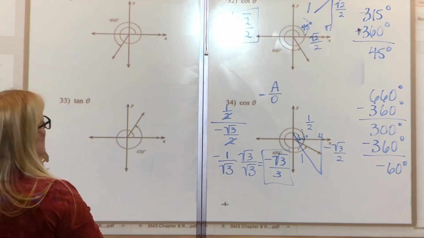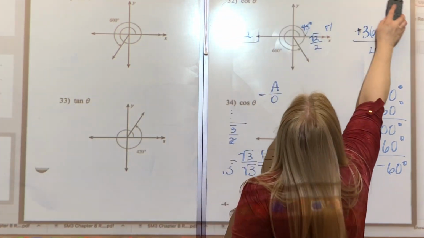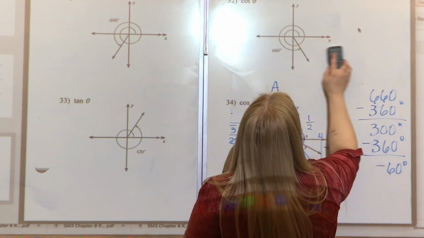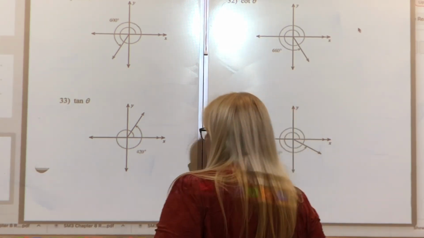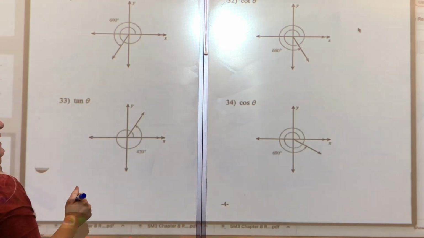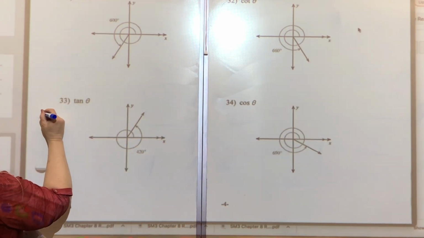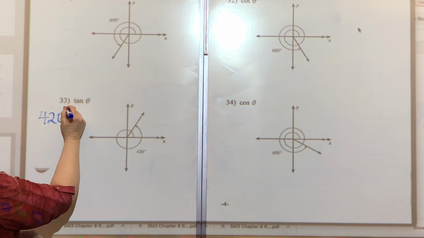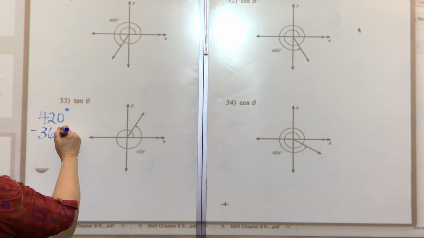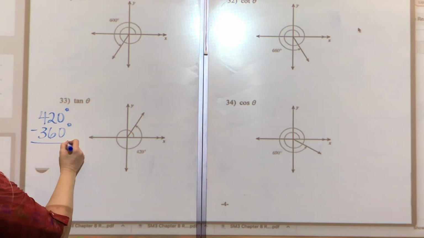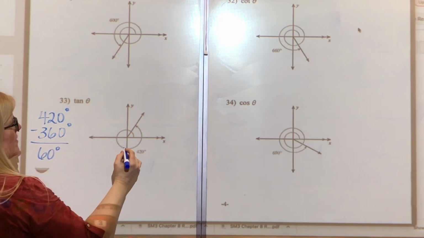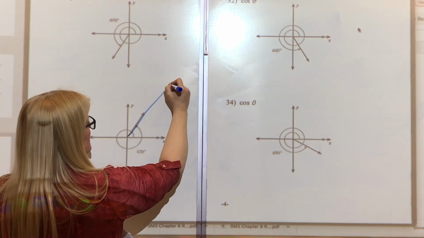Number 33, we've got tangent of theta. And again, I'm using reference angles, not the unit circle. Okay, 420. Want to wrap my head around it a little bit better. I'm going to subtract 360, and I get 60 degrees. So this is 60 degrees.